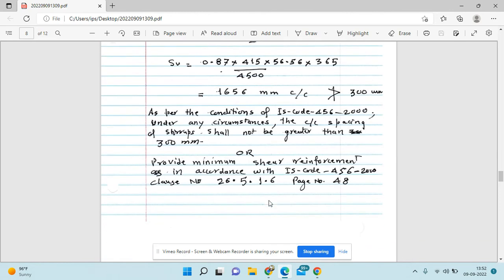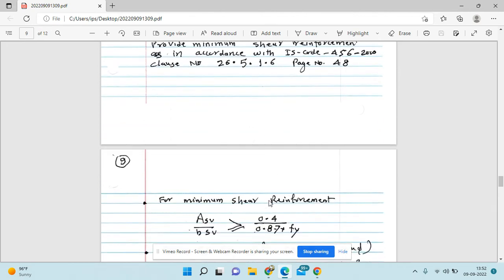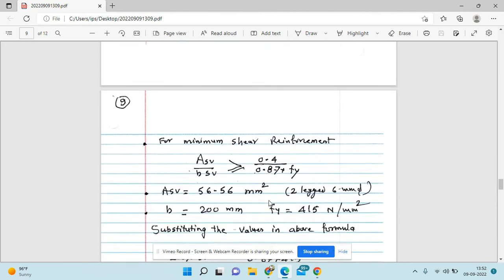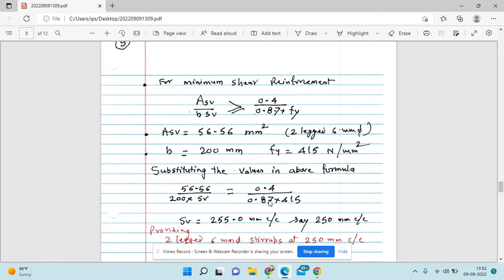So now we have to go for the minimum shear reinforcement to be provided. It is given at page number 48, that is Asv upon b Sv should be greater than or equal to 0.4 upon 0.87 Fy.